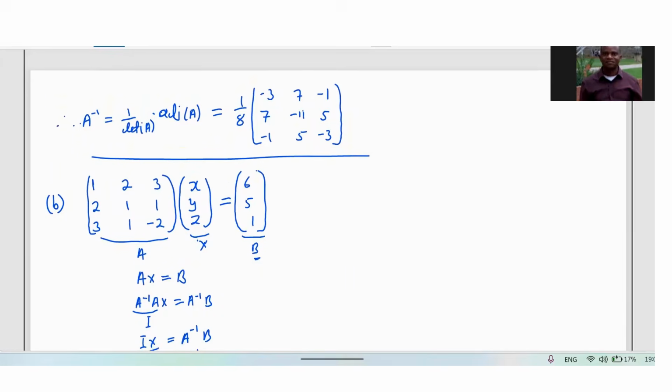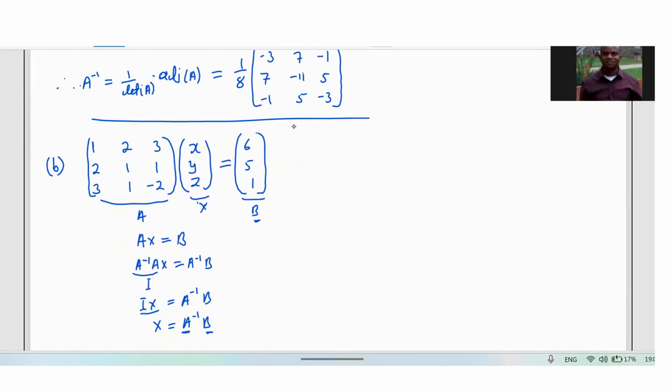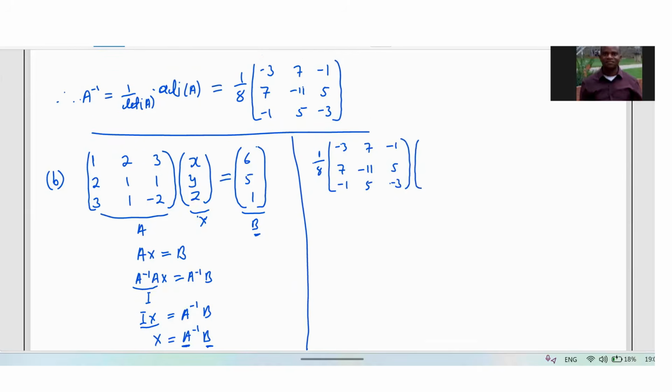So in other words, let's see how this works out. We're going to have A inverse. A inverse is simply 1 over 8 times the matrix with rows -3, 7, -1; 7, -11, 5; -1, 5, -3, and then you need to multiply by matrix B, which is simply the matrix of solutions.